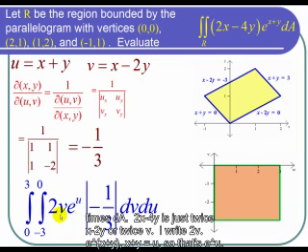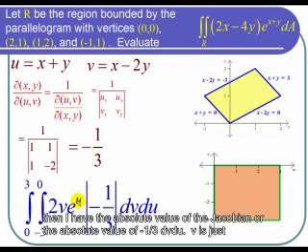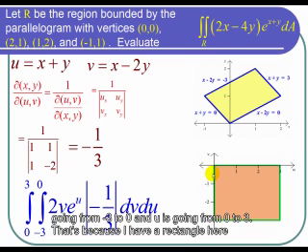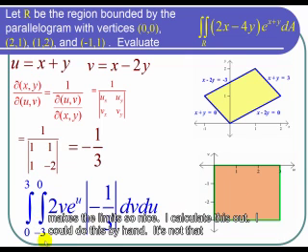So I write 2v. e to the x + y, well, x + y is u, so that's e to the u. Then I have the absolute value of the Jacobian, or the absolute value of -1/3, dv du, and v is going from -3 to 0, and u is going from 0 to 3. That's because I have a rectangle here, which makes the limits so nice.